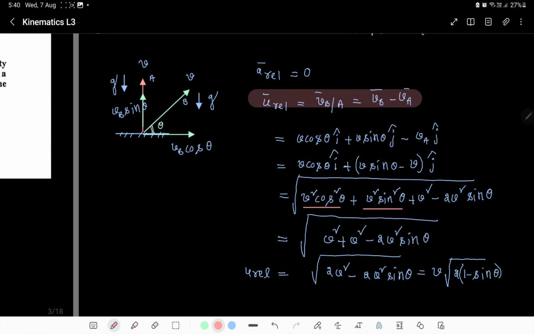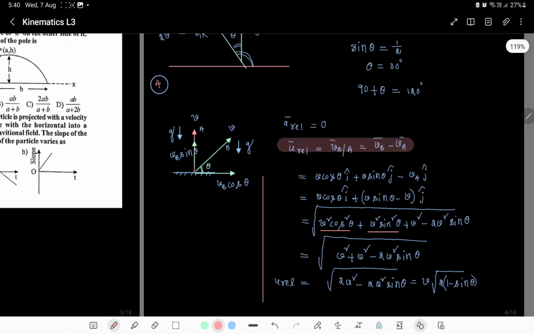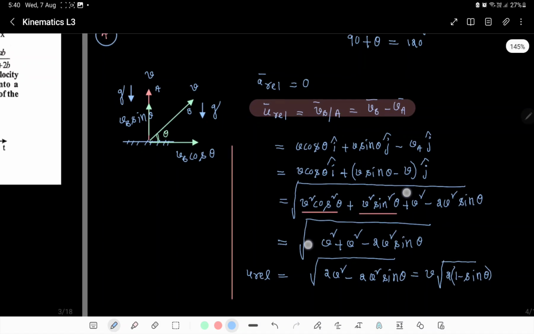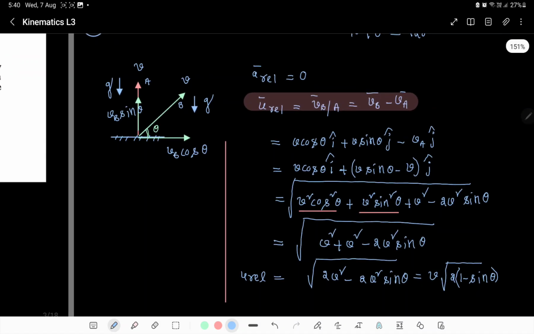Now we have to find S relative. You know the general kinematics formula: S relative is equal to U relative into T plus half A relative T square.